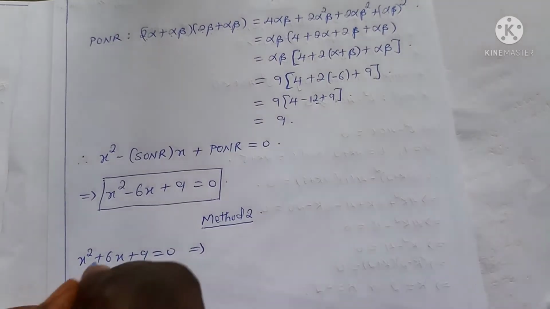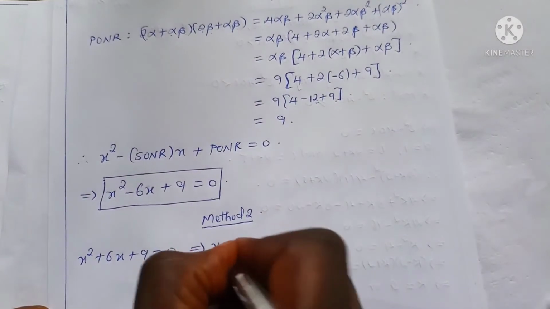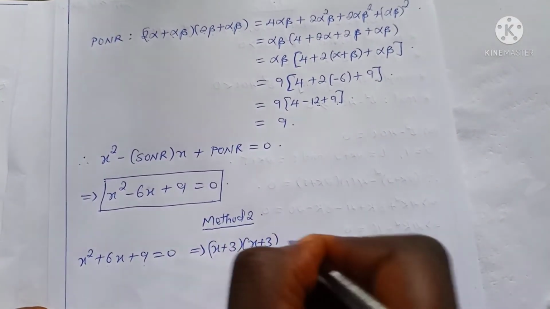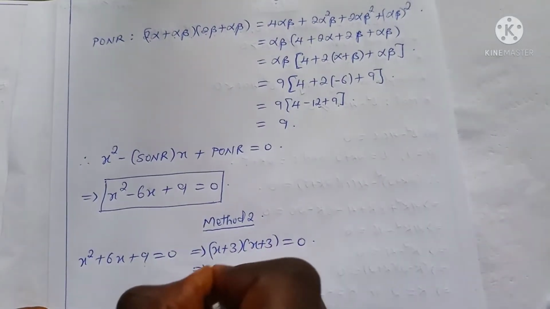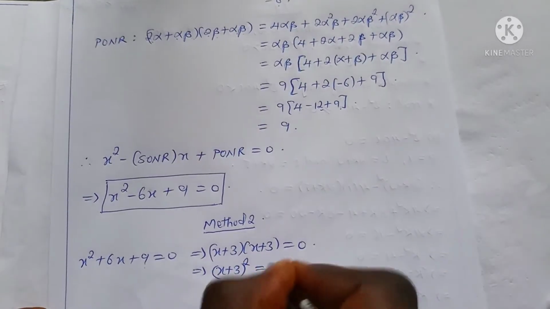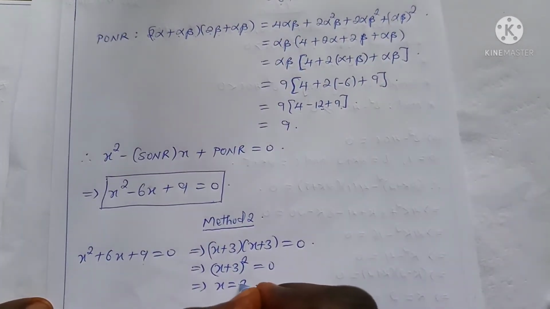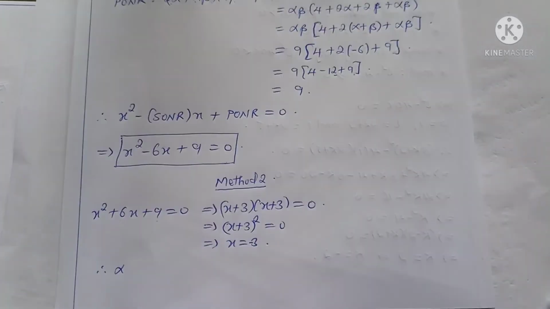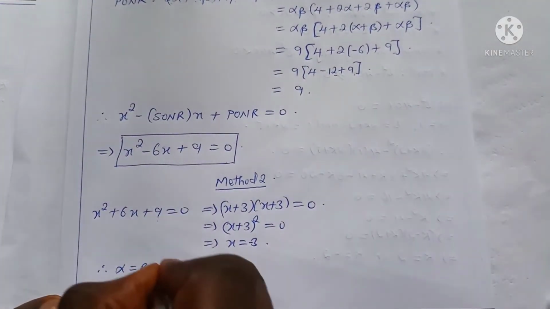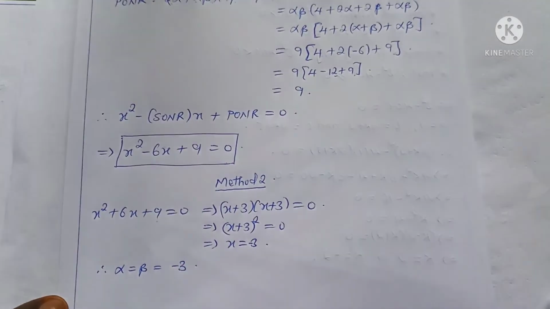So we can write this quadratic equation in the form x plus 3 into x plus 3, which is equal to 0. That is, x plus 3 squared is 0, meaning that x is equal to negative 3. Therefore, alpha, which is the same as beta, is equal to negative 3.